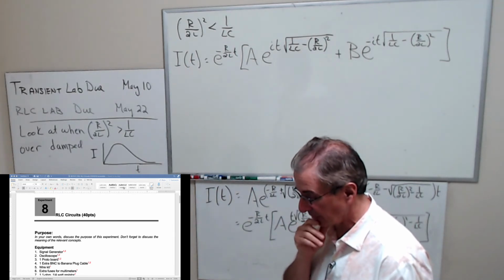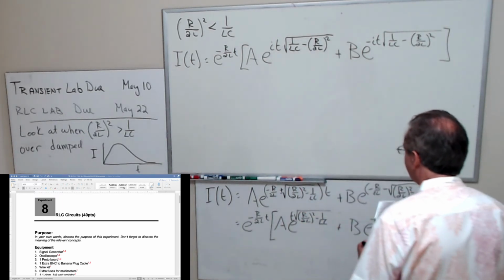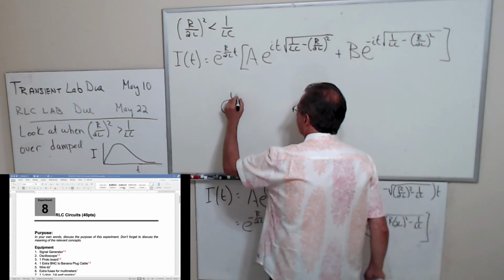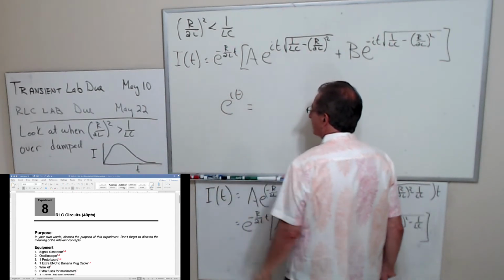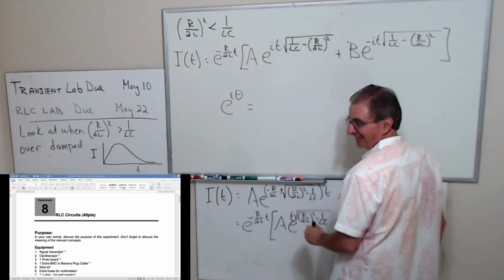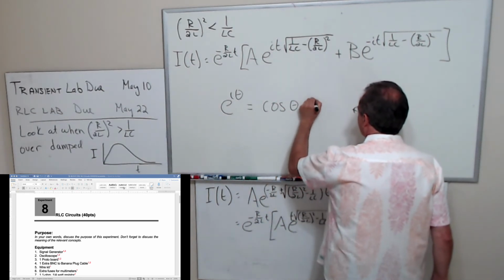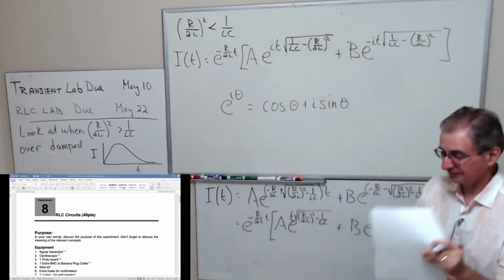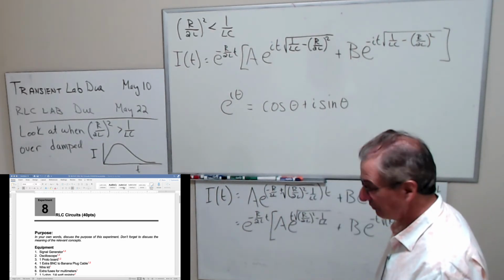Anybody know what Euler's formula is? It's e to the i a b or something like that. Well, what is that equal to? Have you folks seen that before?